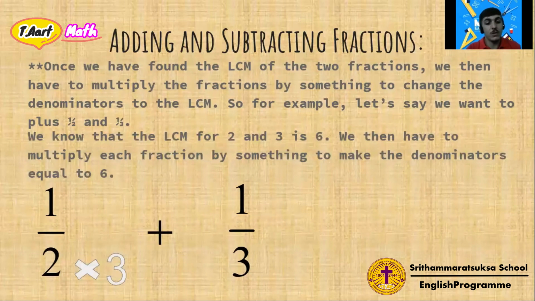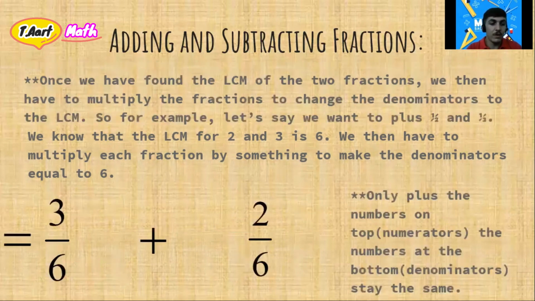So we say 2 times 3, but we also say 1 times 3. And 3 times 2 gives us 6, and if we multiply at the bottom, we have to multiply at the top. So we'll be left with 3 over 6 plus 2 over 6.